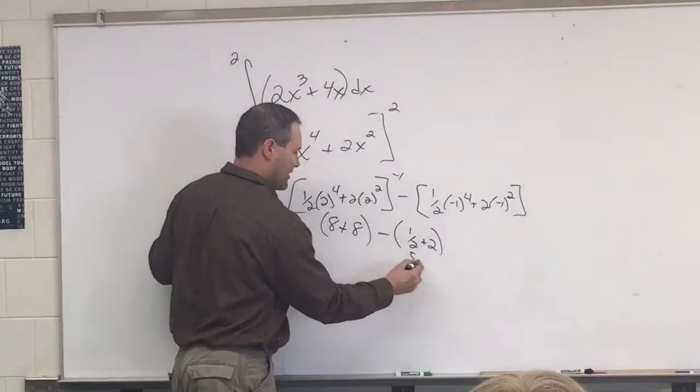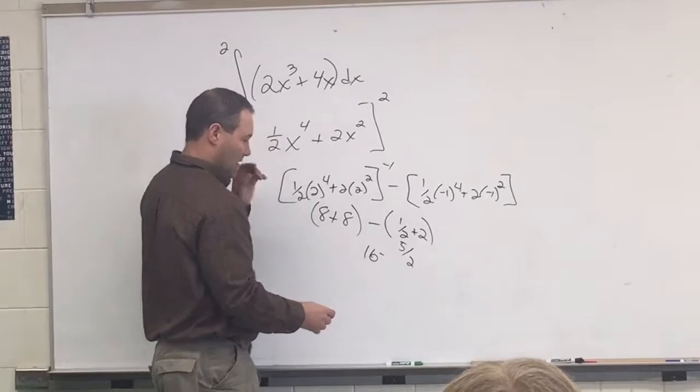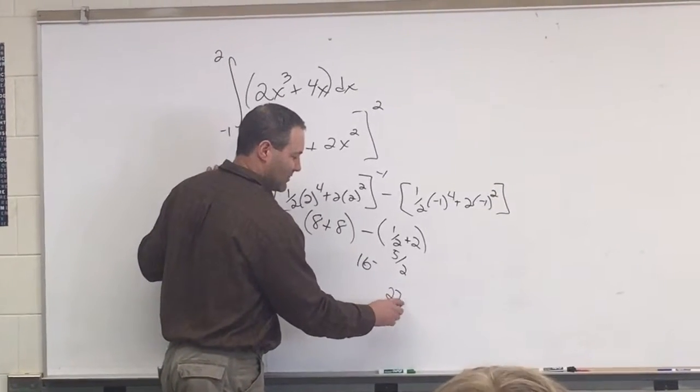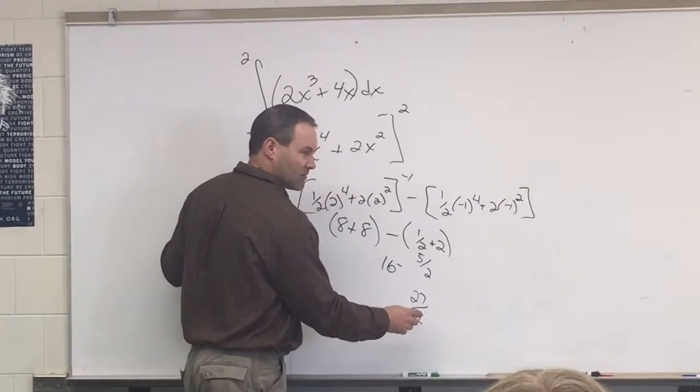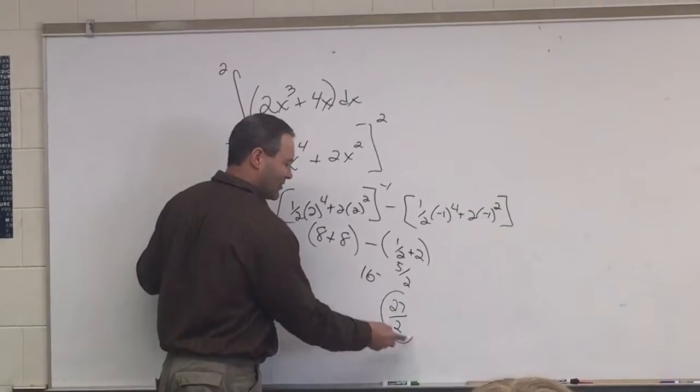So minus 5/2. 16 minus 5/2: 32 halves, plus 8 — 16 is the same as 32 halves. 32 halves minus 5/2 is 27 halves. What do you got? 27 halves. I got 13 halves.